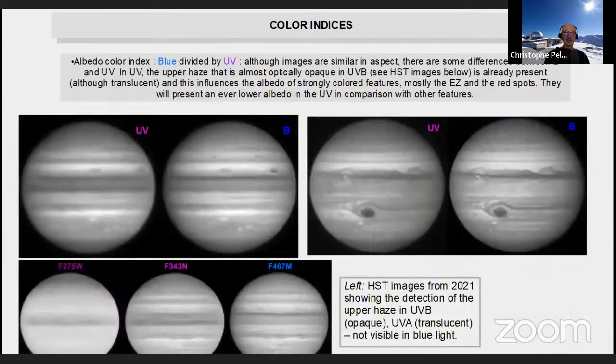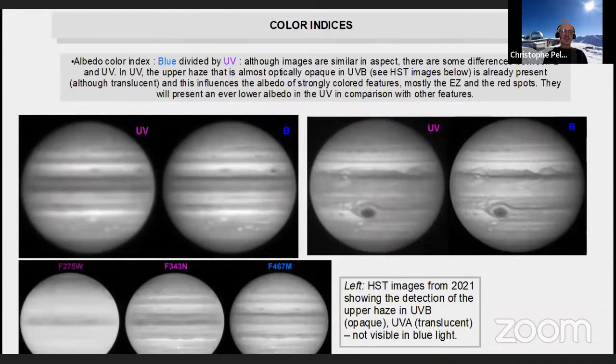And the last color index, the interesting one for me, is blue divided by the UV. Although images are similar in aspect, there are some differences between blue and UV. In UV, the upper haze that is almost optically opaque in the UVB, as you can see in the HST images below, is already present in the UV we can observe, although it is translucent and not opaque.